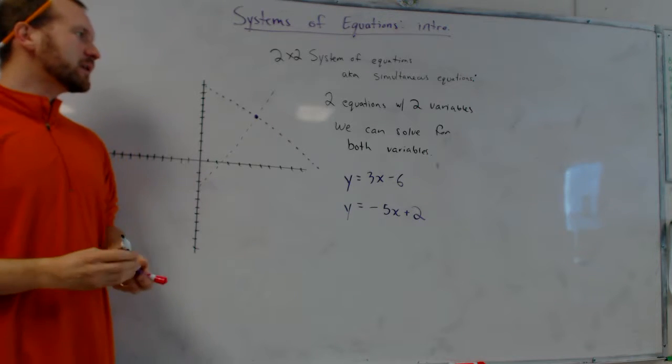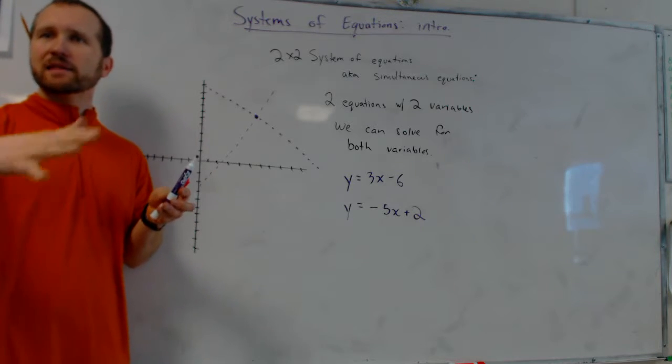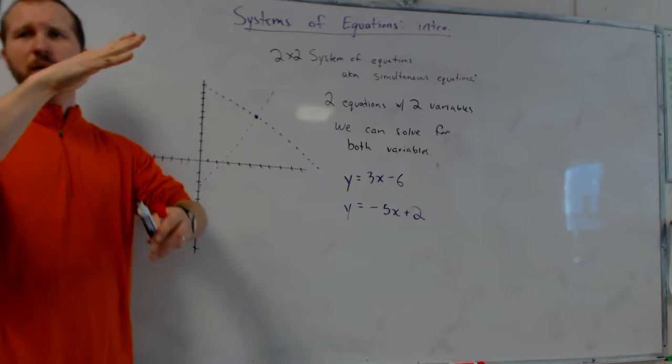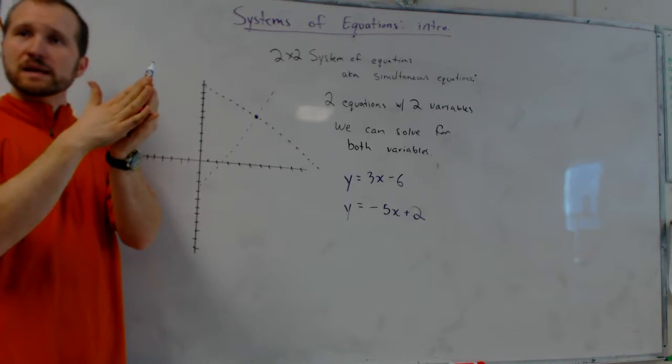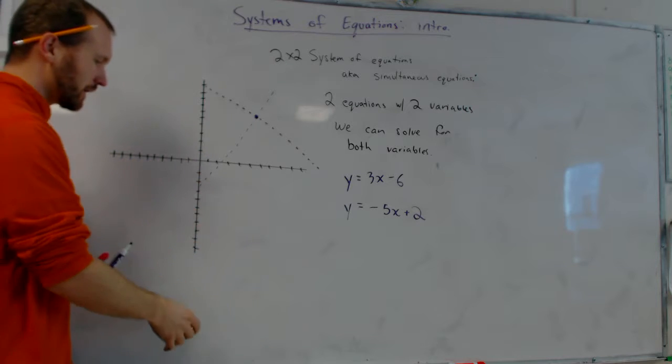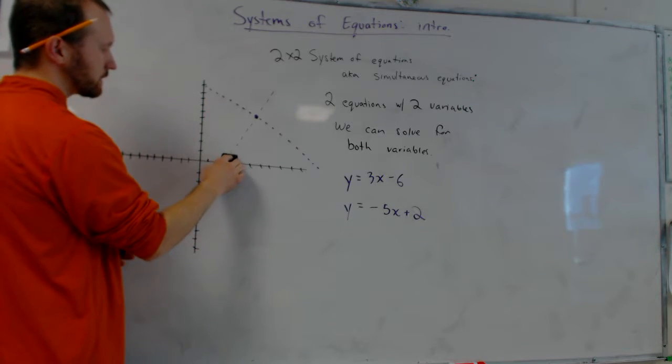There are millions of other examples of this sort of thing, where we know the path of one object and we can adjust the path of another object to make them hit or cross or meet at a certain point. And that's the idea with systems of equations.